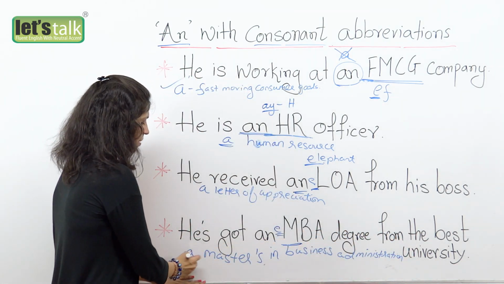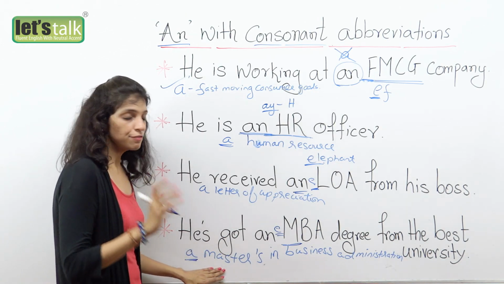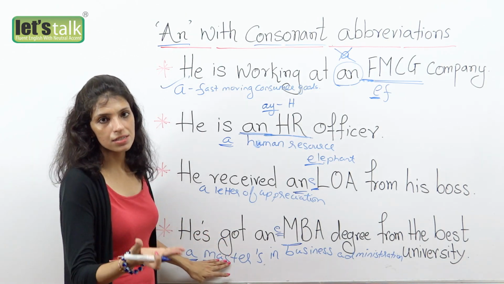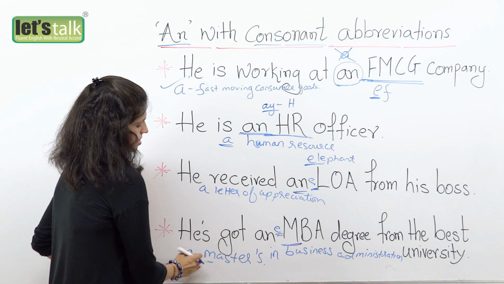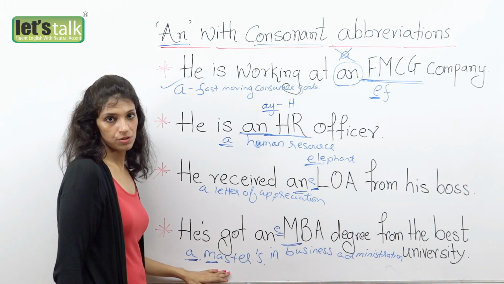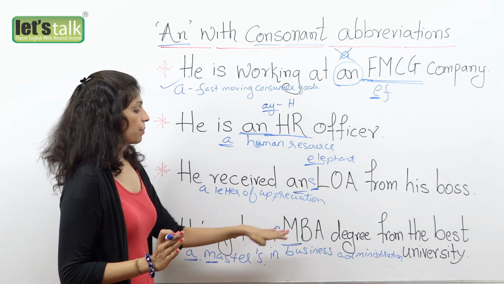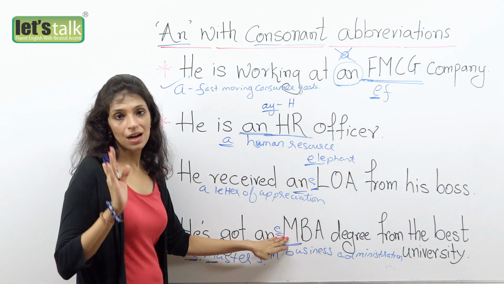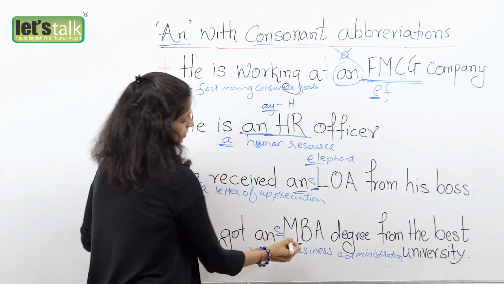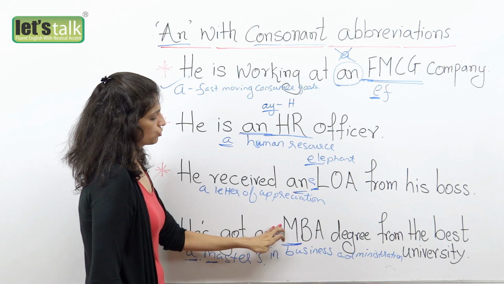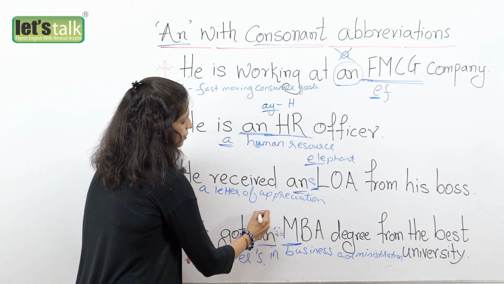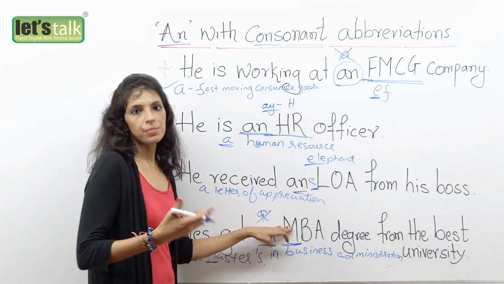In the full form, remember a, because it's not M, masters, you just say masters, and it's a proper consonant sound. So again I repeat, because it's got a vowel sound, even though it's a consonant letter, remember you use an and do not say a MBA.